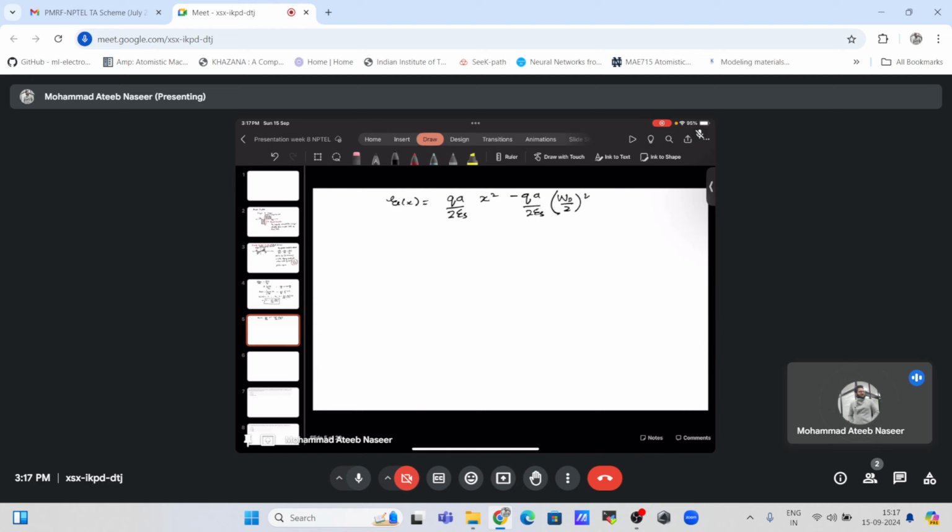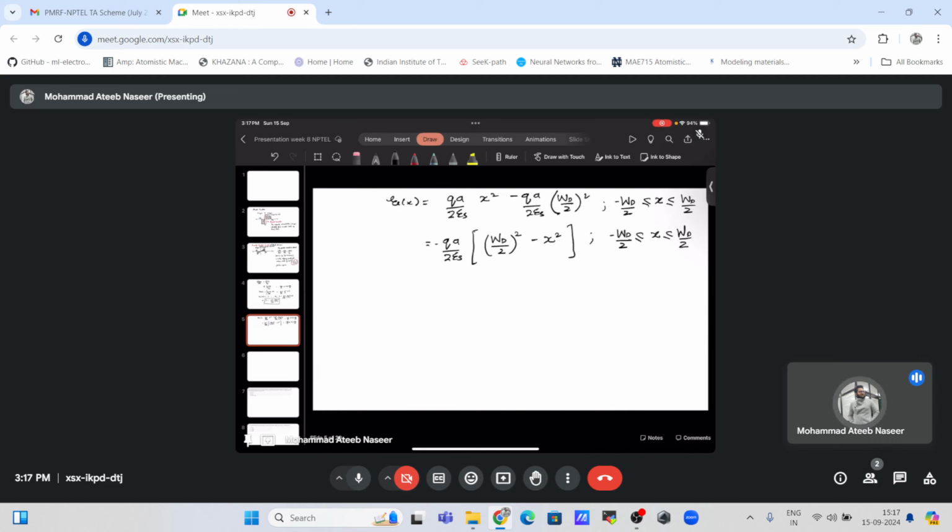This will be between minus WD by 2 to plus WD by 2, or simply if I take minus q a by 2 epsilon s common, it would be simply WD by 2 whole squared minus x square between minus WD by 2 to WD by 2.